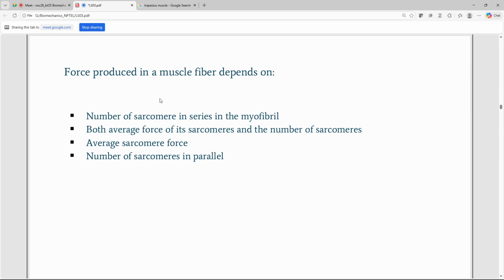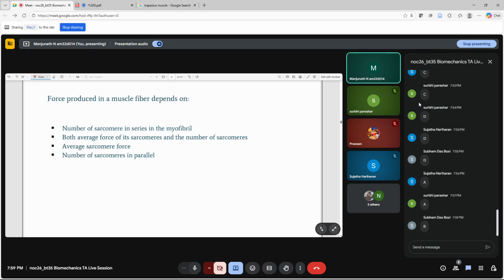So, force produced in a muscle fiber depends on which of the following. Try to answer the question.